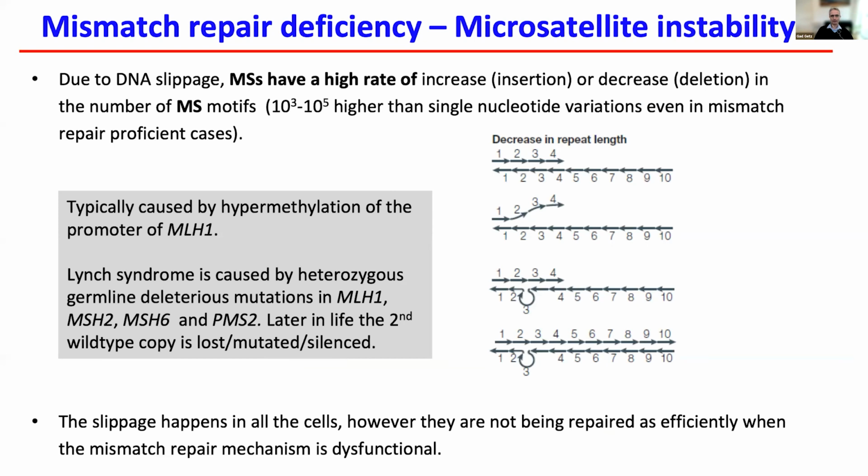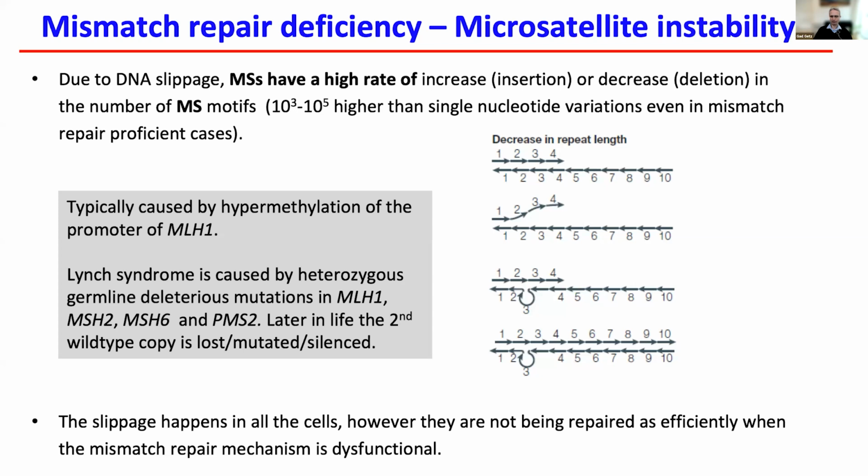Typically, in cancer, it is caused by hypermethylation of the promoter of MLH1. There's a syndrome called Lynch syndrome that is caused by heterozygous germline deleterious mutations in either MLH1, MSH2, and then at lower frequencies MSH6 and PMS2.